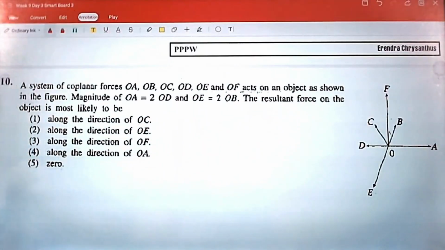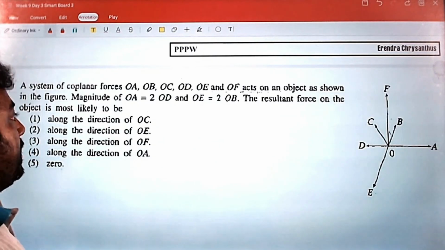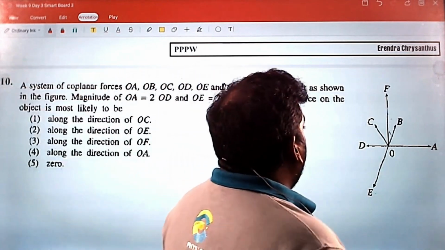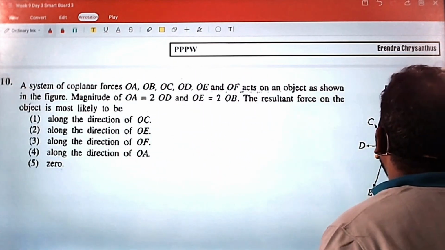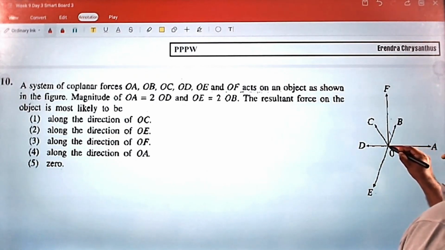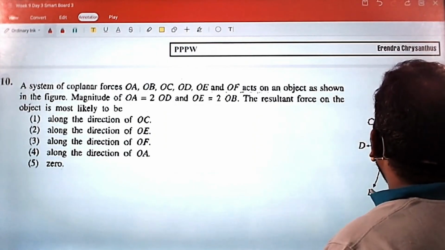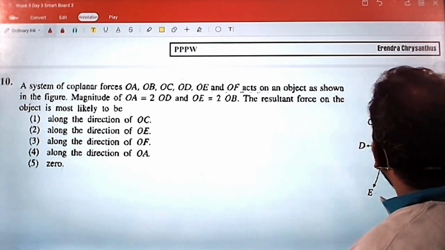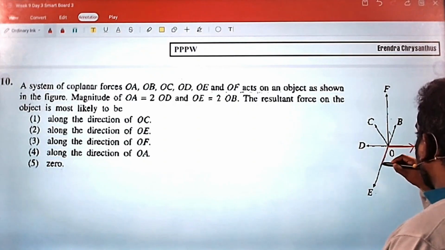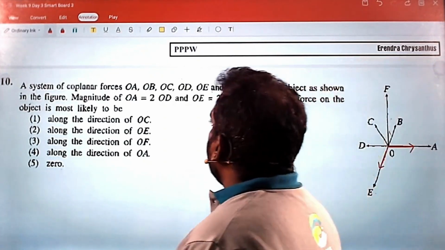Question number 10. A system of coplanar forces OA, OB, OC, OD, OE, OF are given. OA is equal to 2 times OD. So if I shorten it, actually only so much is left. OE is equal to 2 times OB. Actually only half of it is left. But I am drawing it right now.